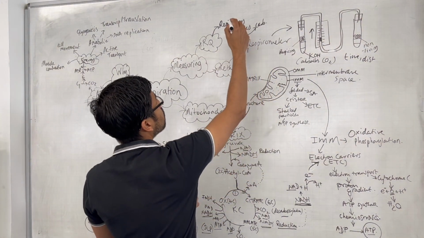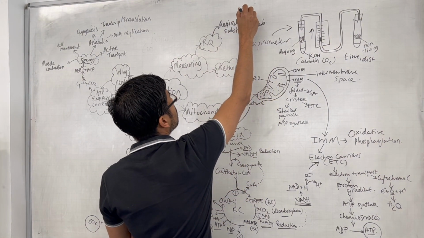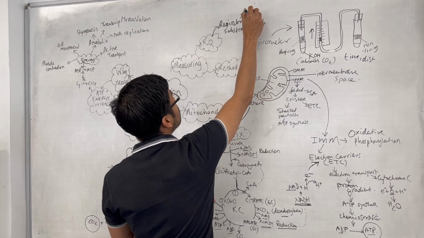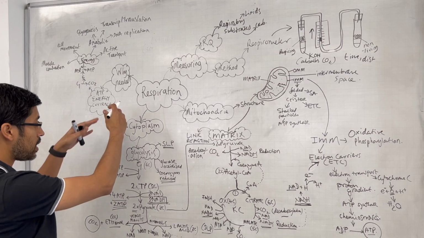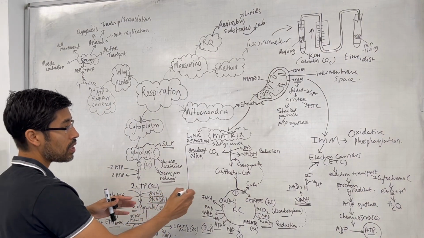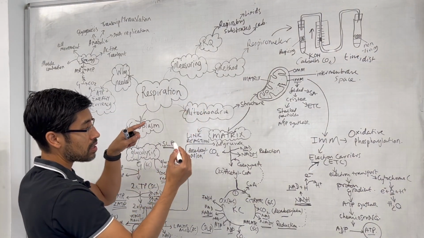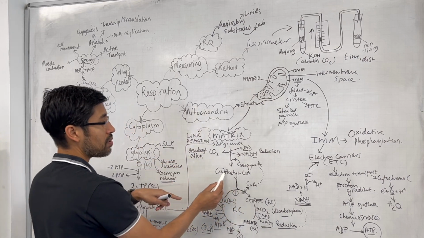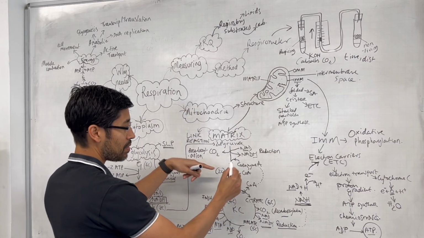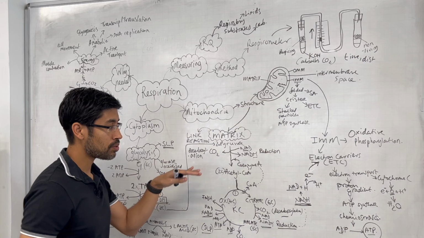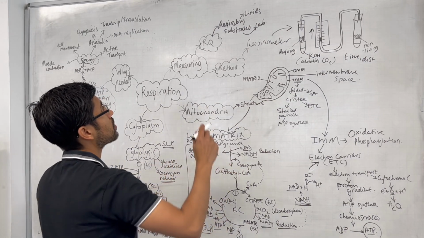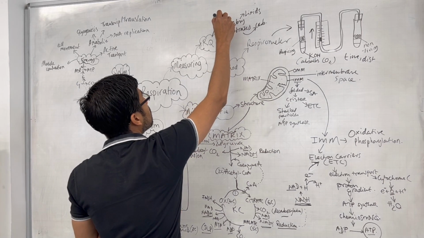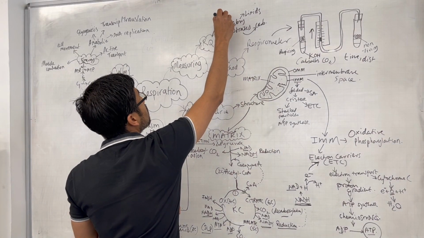But you can also, for example, use lipids. Lipids can also be used for respiration. They don't really go through glycolysis, but lipids can be used to make acetyl coenzyme A, and acetyl coenzyme A can then plug straight into the Krebs cycle. Similarly, proteins may also be used.